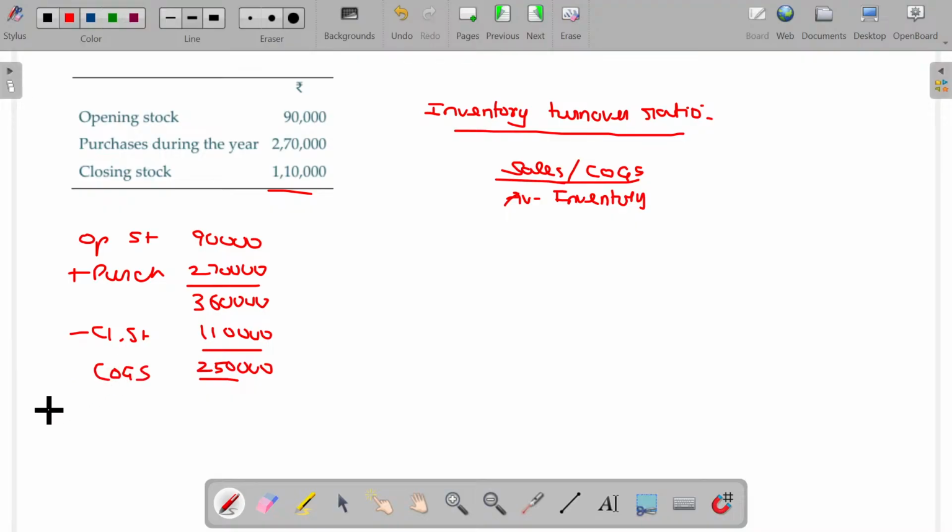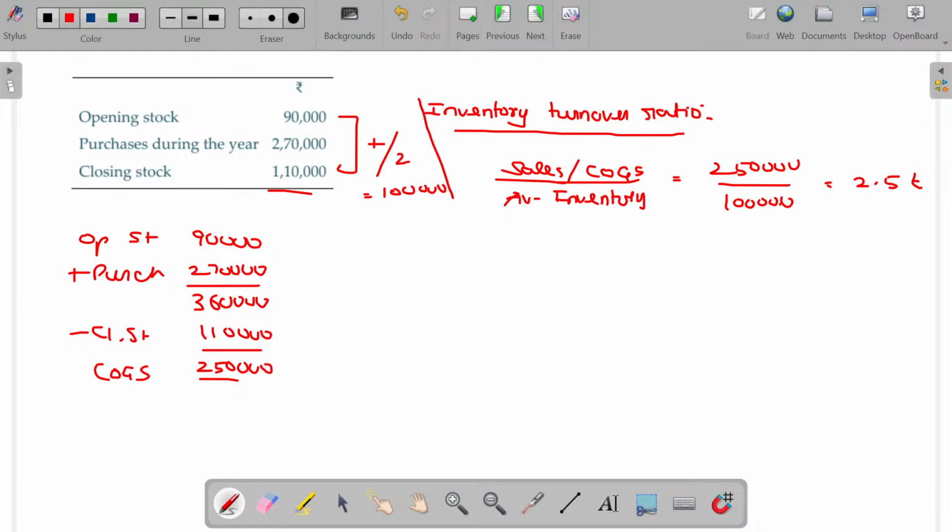With that you have to add GP. If you are aware of the cost, you can take the cost in the numerator, 2,50,000. Average inventory being opening plus closing by 2 is 1 lakh. Then as per the inventory turnover ratio, you get 2.5 times in a year.